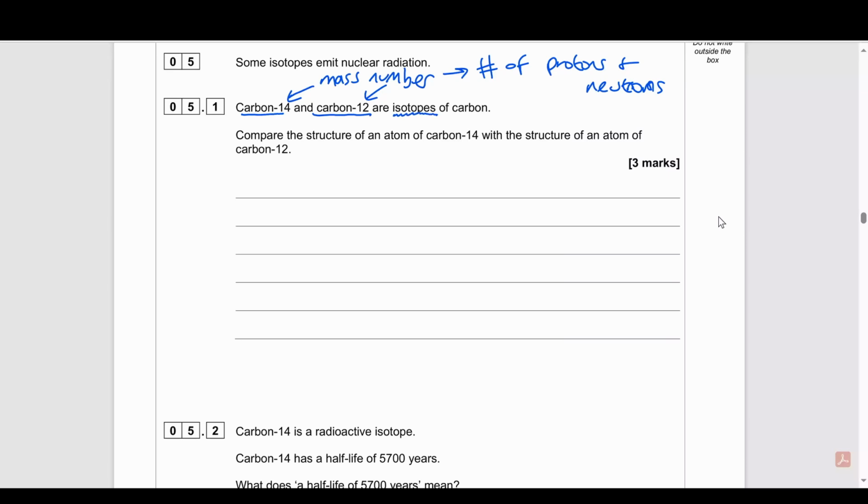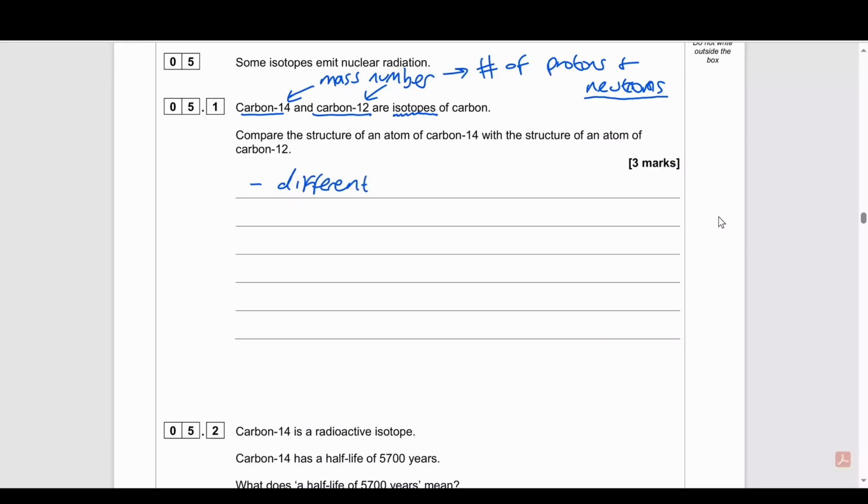But remember the definition of an isotope. The atoms are the same element with different numbers of neutrons. So the only way that these two isotopes vary is due to the numbers of neutrons. So that can be our first mark.